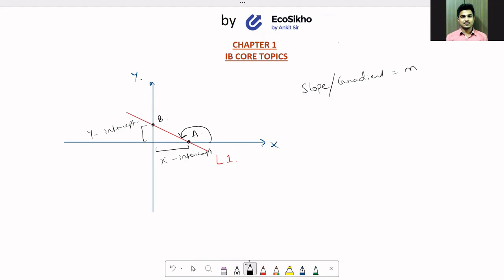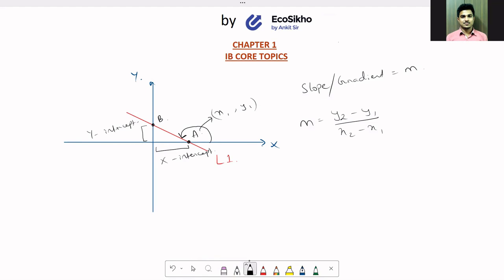So how can we find out the gradient of a line? The gradient of a line is equal to y2 minus y1 upon x2 minus x1. What are x1, y1 and x2, y2? x1, y1 are the coordinates of point A, or any other point.